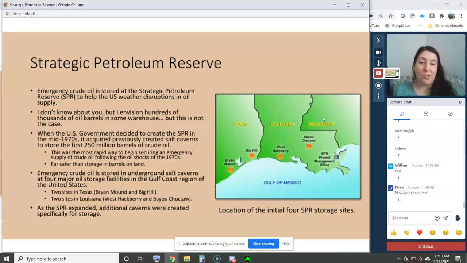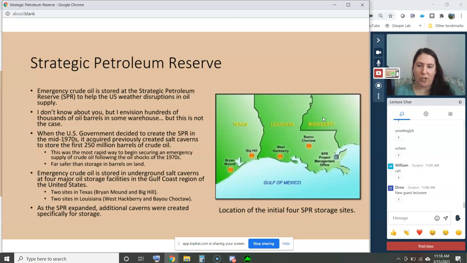And so they're stored underground in these caverns created from salt domes that have had all the salt mined out of them. This was the most rapid way to begin securing the emergency supply of crude oil, initially following the oil shocks of the 1970s. And so they wanted a place where they could store a lot of oil fast, and these salt domes provided an opportunity for that. And it's far safer than storage of oil in barrels on land.